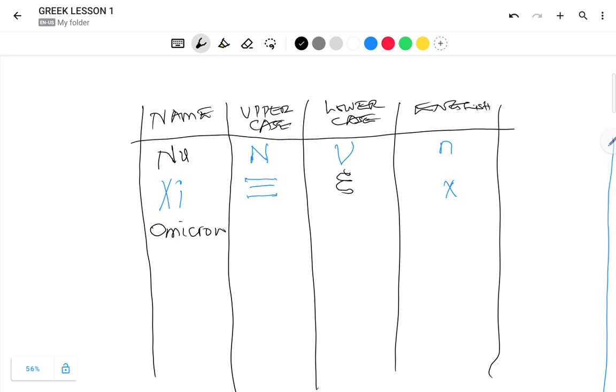Now, Omicron is equivalent to the English O, the actual O. And the small letter is also just a smaller O. Now remember earlier in lesson 1 we covered that omega is also equivalent to the English O, and we're going to see when we get to omega how those ones are used.